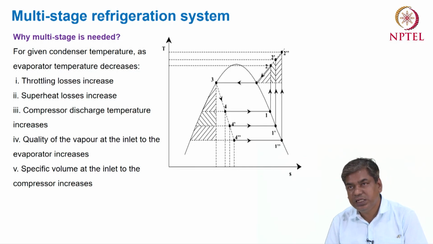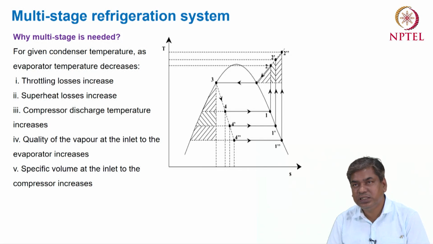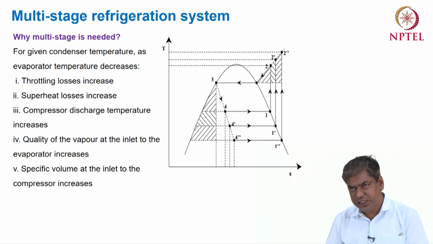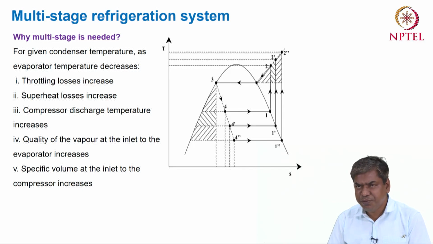Now if we increase the temperature difference between the condenser and evaporator, which is called the temperature lift of the cycle, let's say we decrease the evaporator temperature from 4 to 1 to 4 dash to 1 dash, or maybe 4 dash to 1 double dash.